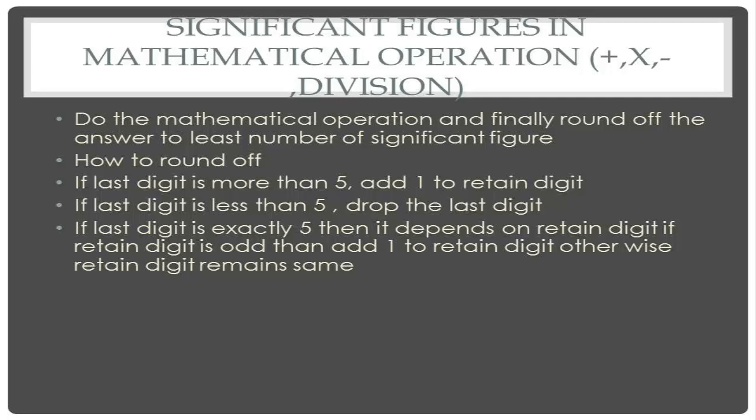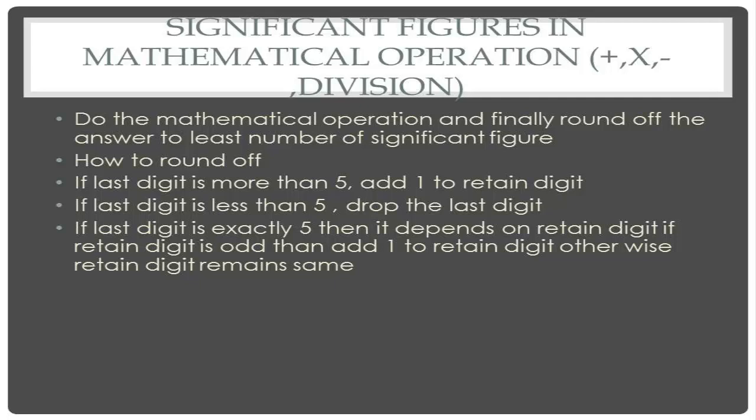If the last digit is less than 5, simply drop that digit, with no effect on the retained digit. And if the last digit is exactly 5, then it depends on the retained digit. If it is an odd number, you have to add 1, and if it is an even number, then it remains the same, and the last digit is simply dropped.